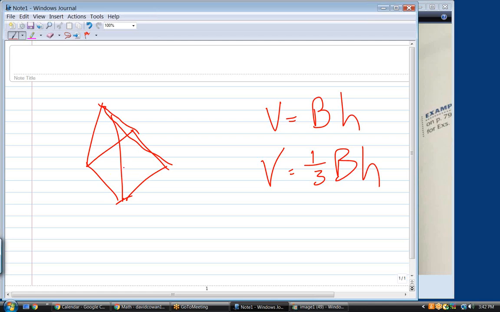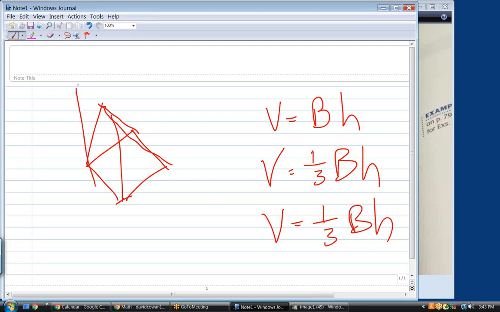I can't draw worth anything, but you understand what I'm trying to draw here. It's like a right cylinder, only it's got a base of a square instead of a circle. But it goes to a point. When you go to a point, the volume is always 1/3 what it would be as opposed to if this was a rectangular brick.